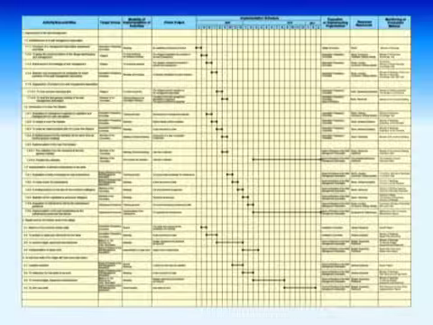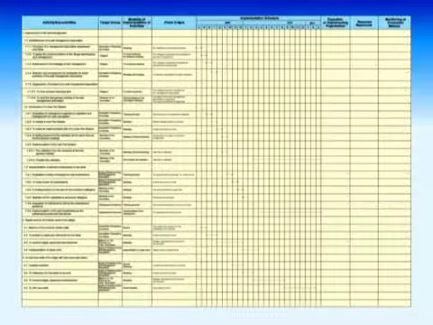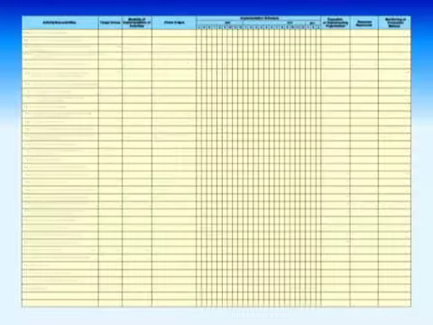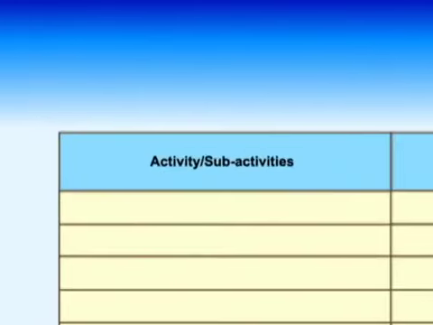As an example of items to write in an action plan summary table, there are 8 items as follows. The first is activity and sub-activities.